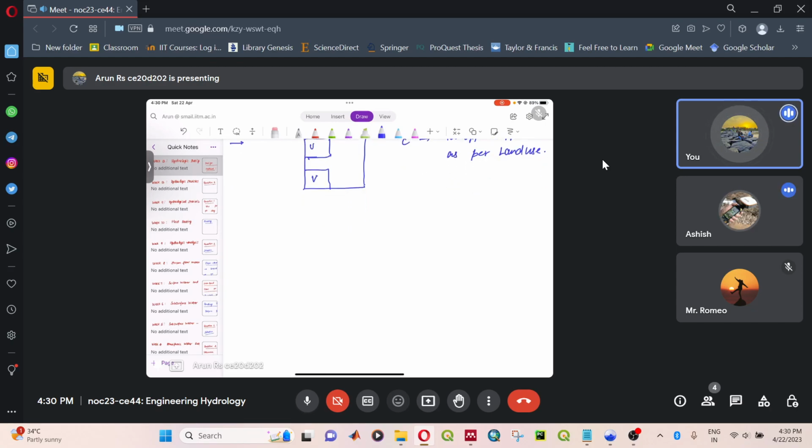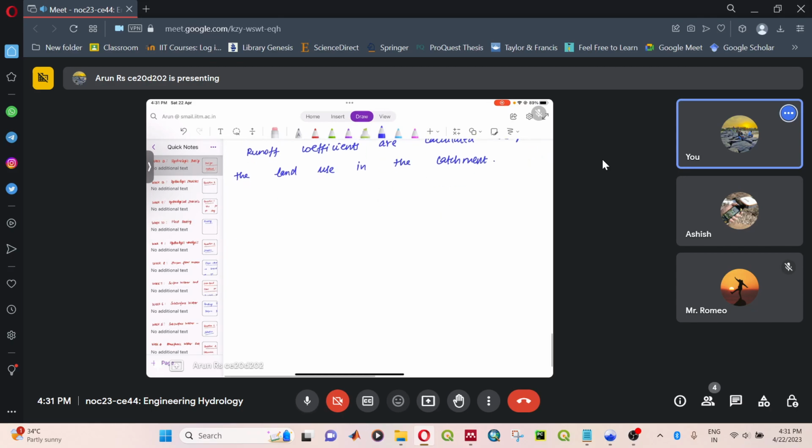So the next step is to determine the runoff coefficients. So next we can calculate the peak flow, that is Qp is equal to C into I into A. Then you will get the peak discharge for the particular design storm which you have chosen.